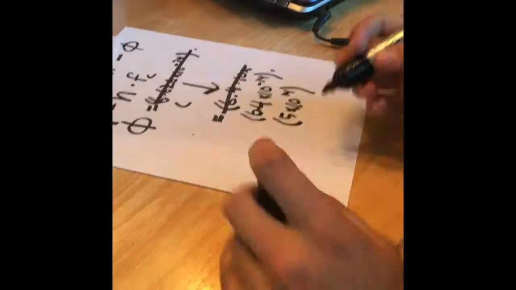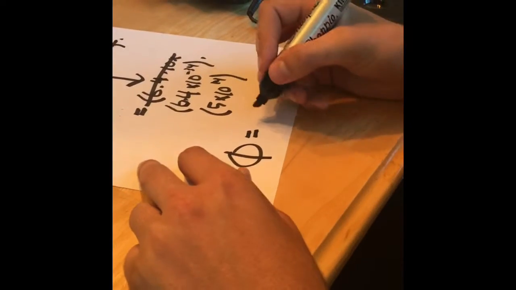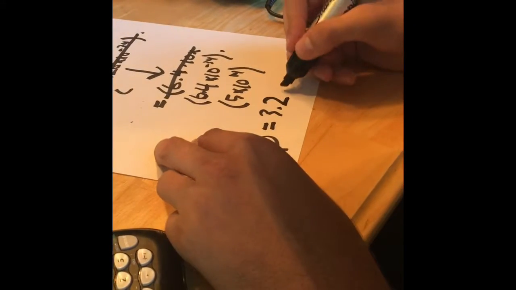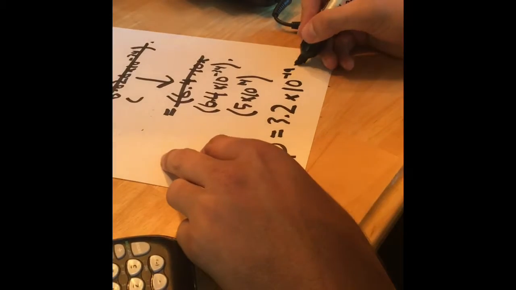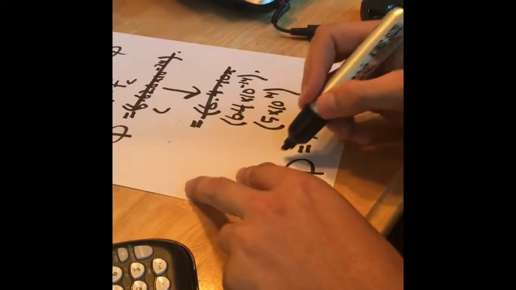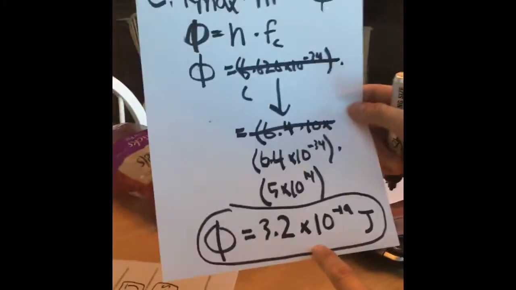So this is the answer right here. Work function is equal to 3.2 times 10 to the negative 19 joules. That is the work function, part C.